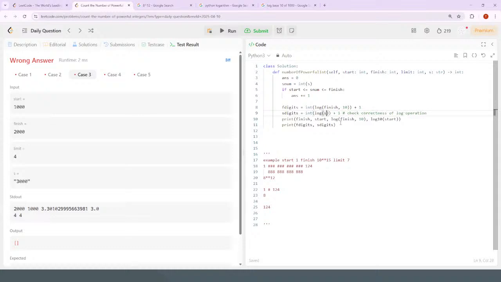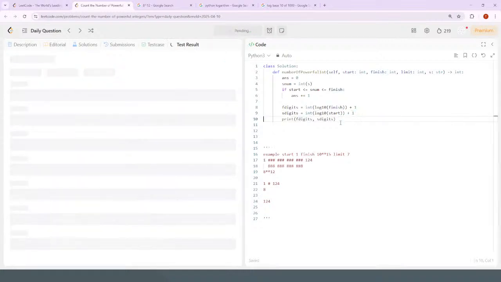Alright, log 10 of the start, and log 10 of the finish. Okay, so I have the number of digits.